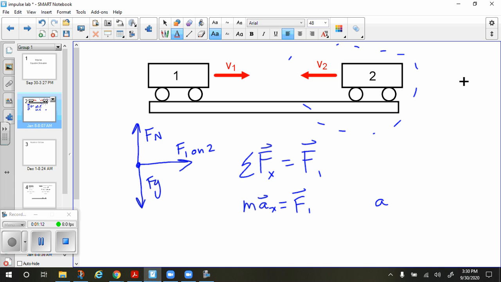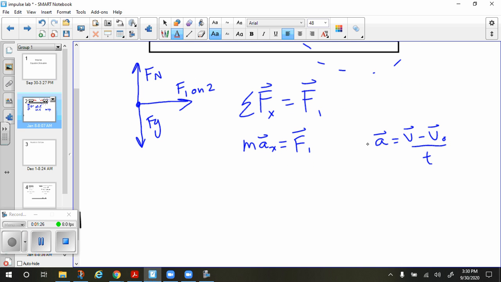I also know that acceleration is equal to v final minus v initial over t. So now I'm going to plug that in here, and I get mass times v final minus v initial over t equals force 1, the force applied.